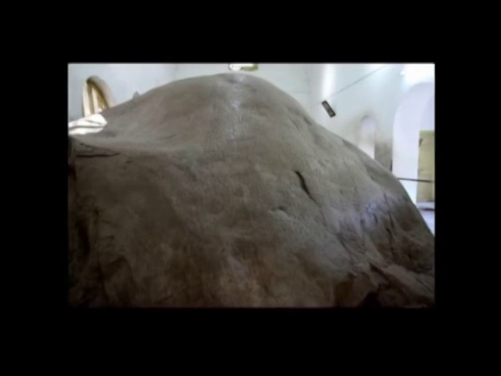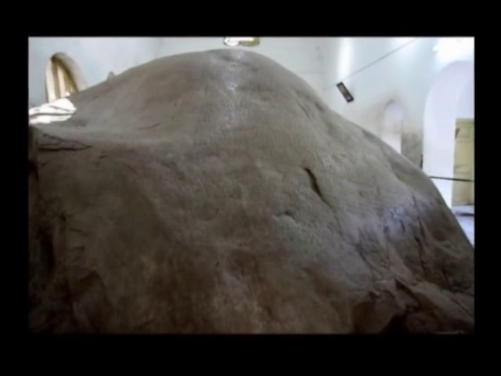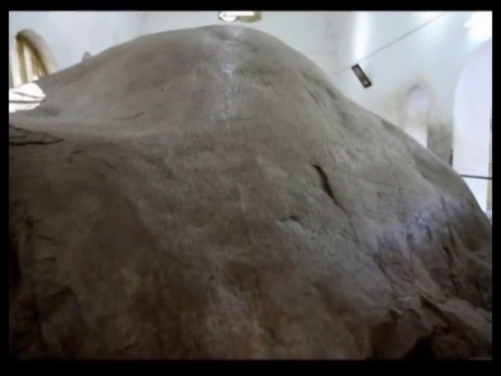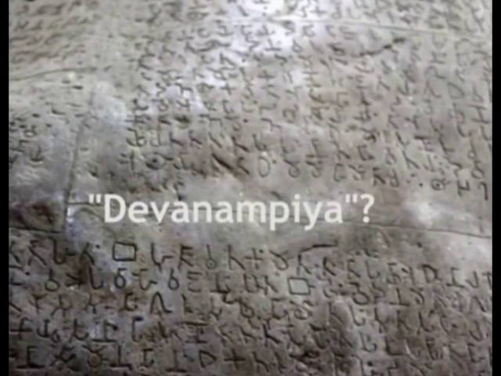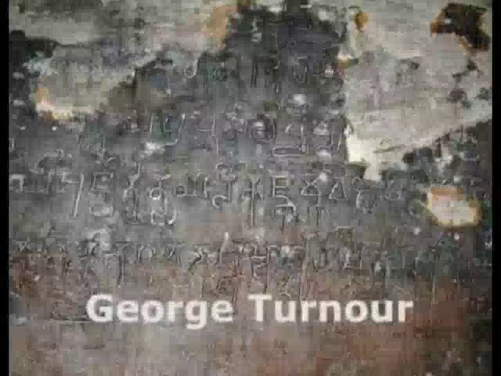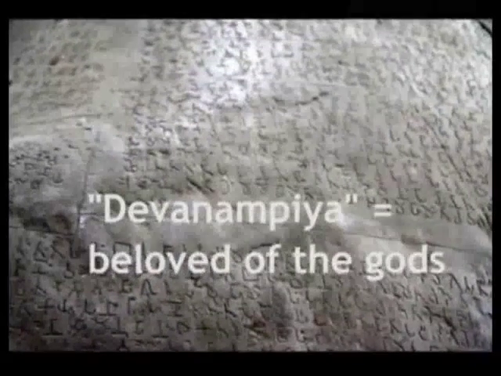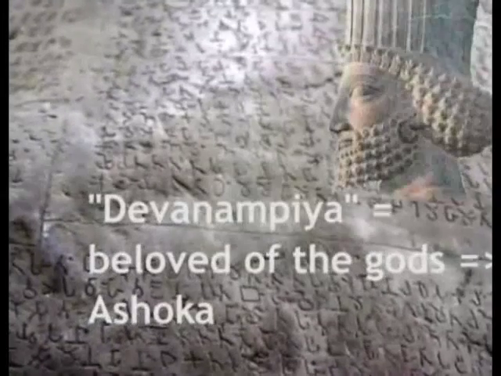The edict was written in Brahmi script, but decoding the script is one thing and understanding the content was quite another task. The word Devanampiya did not make sense in Sanskrit. It was a local modification. It took another scholar, George Turner, who had known Pali, to affirm that Devanampiya meant beloved of the gods and it referred to Ashoka himself.